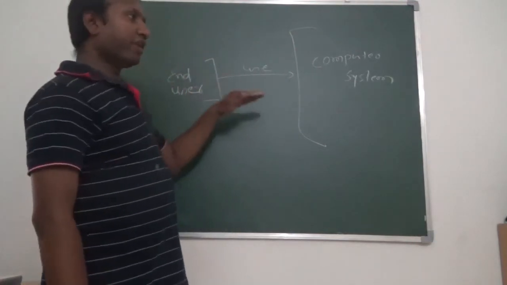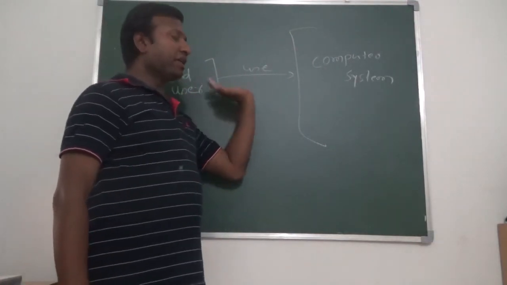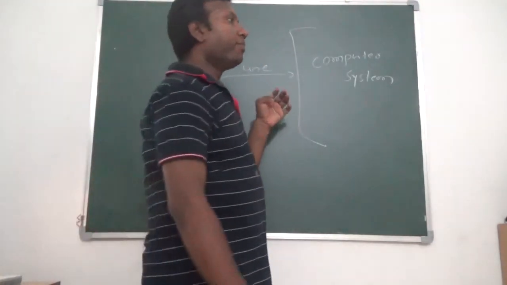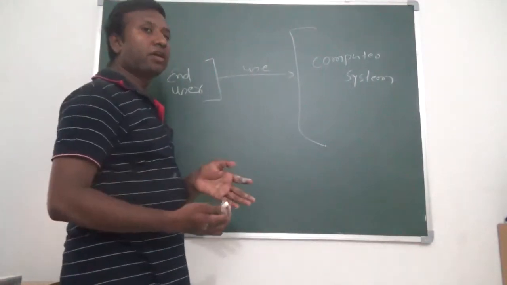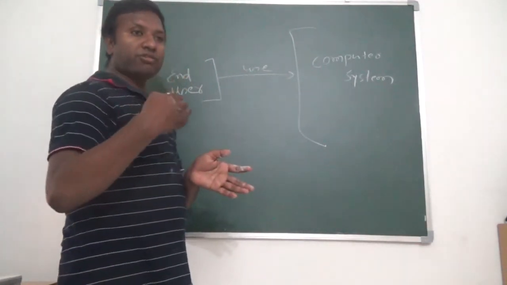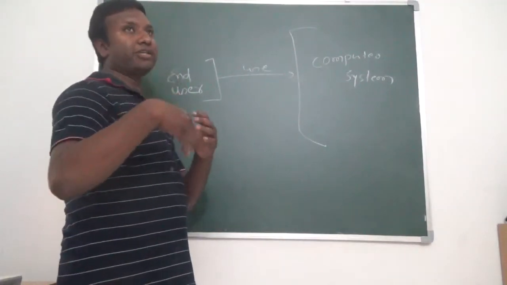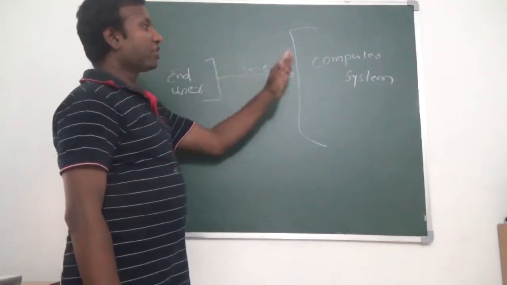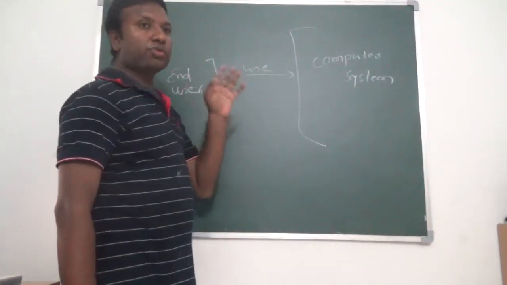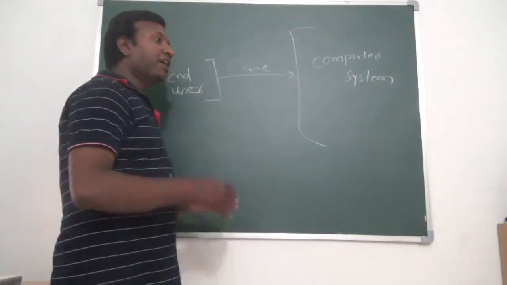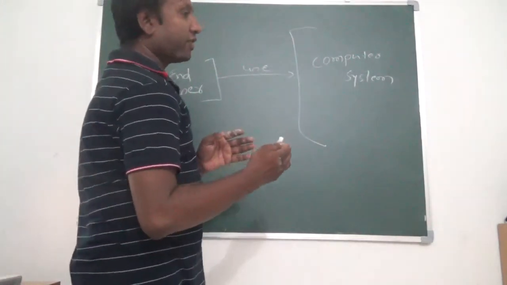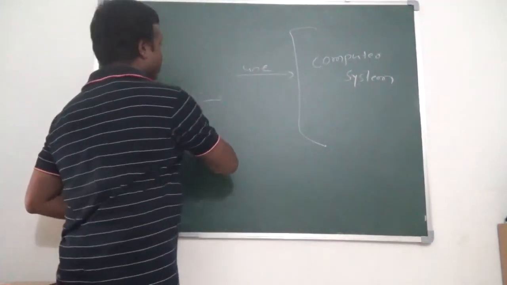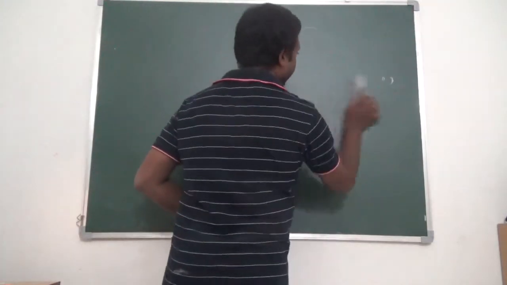Through the software, the end user is interacting with the computer system. If the end user wants to calculate something, the end user must not write the program, must not load all the instructions into the RAM. Rather, the end user is interacting with the computer system through some software. The software is designed, and through that designed software, the end user is communicating with the computer system. So that is the purpose of having software.